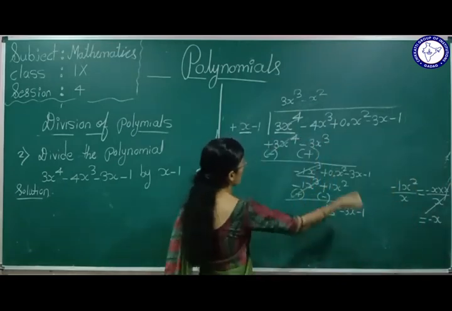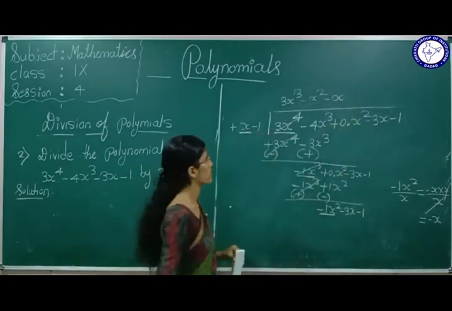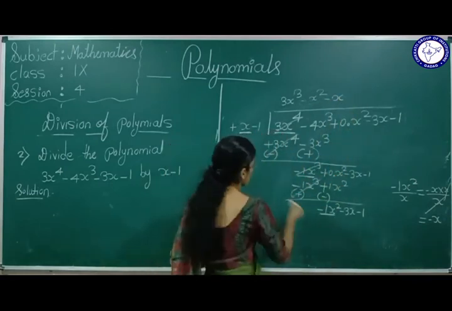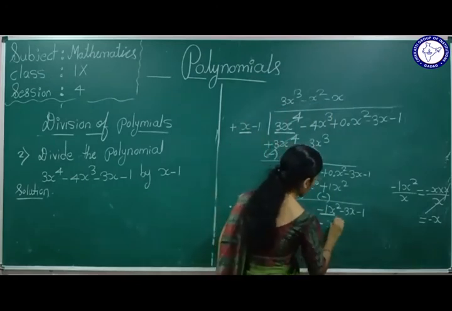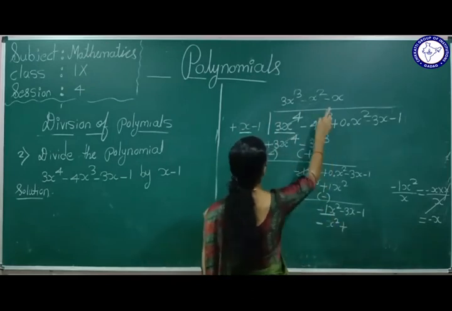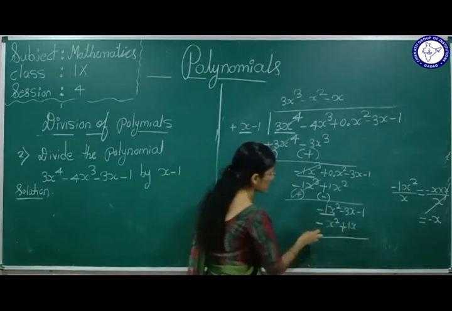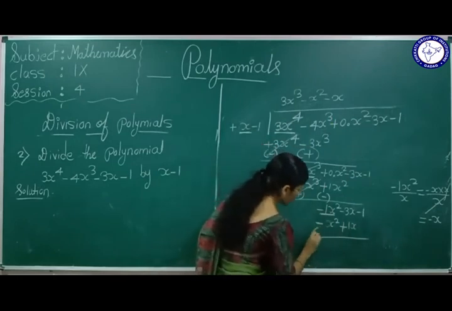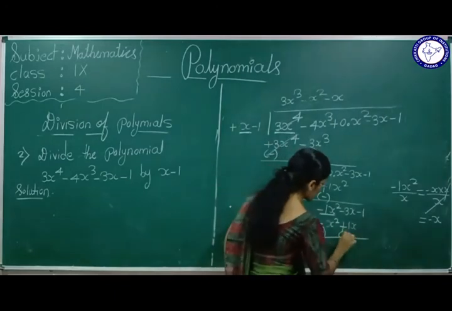Okay, here minus x is nothing but the quotient term. Now see, minus plus is minus, x into x is x square, minus minus is plus, 1 into x is 1x. Now subtract these two. For subtraction we will change the sign.